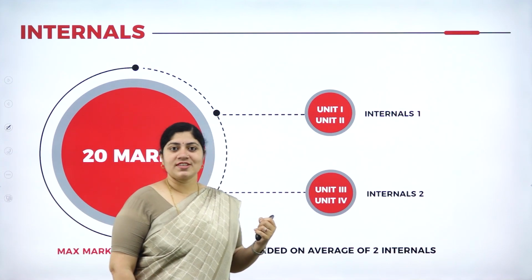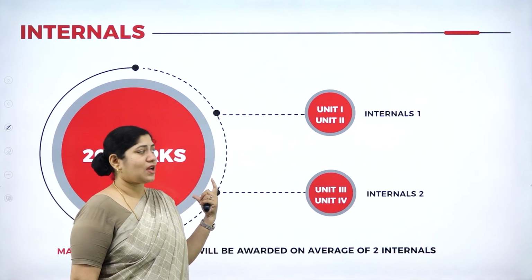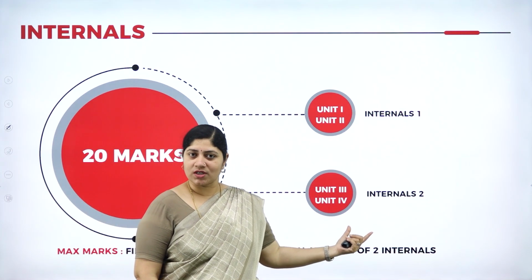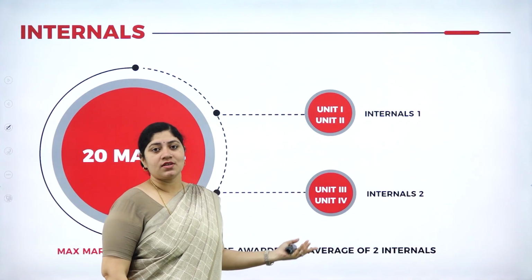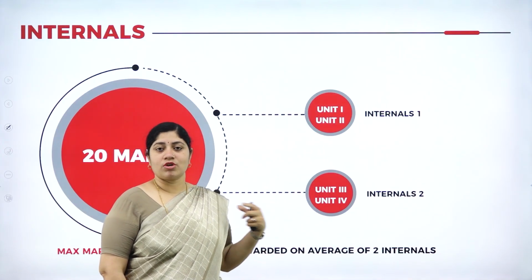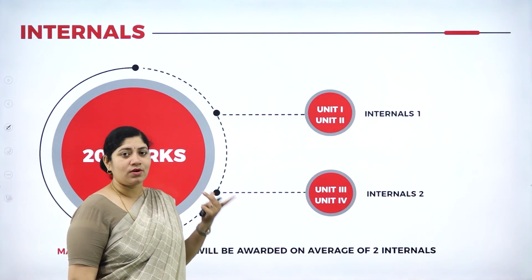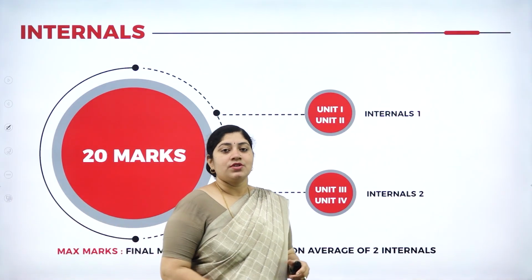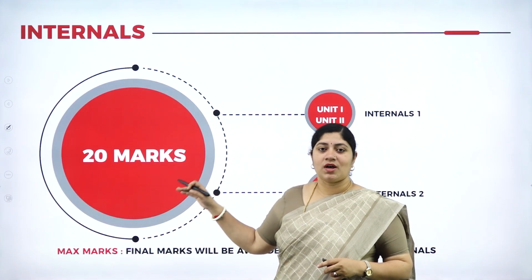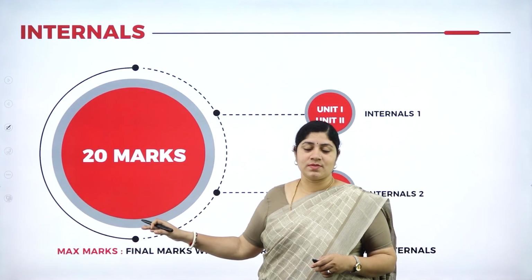Next, we have to understand how these 20 marks are allotted. Since we have 2 internals, they will consider the average of these 2 internals in order to allocate these 20 marks of formative assessment or basic internal marks. So this is the dedicated marks allotment for your internals.